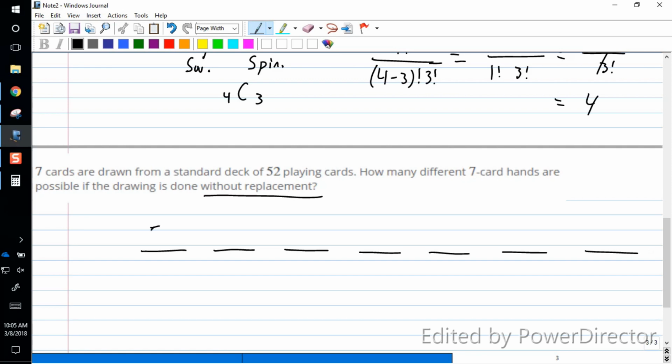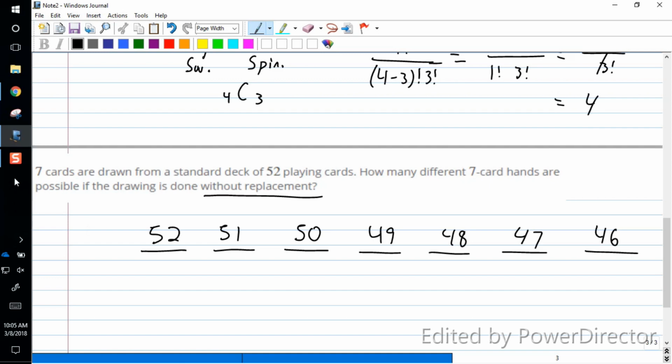How many different cards are there? There's 52, then there's 51, then 50, 49, 48, 47, and then 46. So you could think about this just like a counting problem.